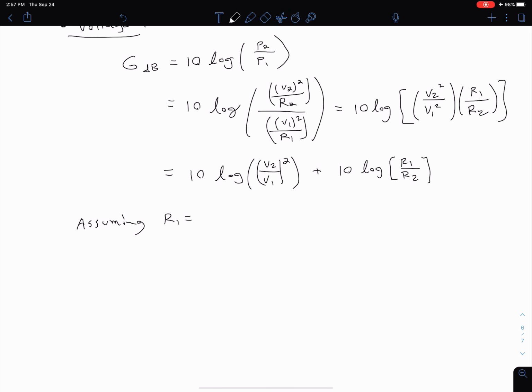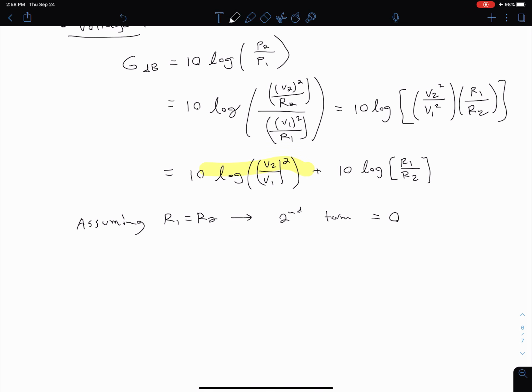Now if we assume that our resistances are equal, that second term is going to go away. So assuming R1 equals R2, our second term equals 0, so we get rid of that term, since we have log of 1, which is equal to 0. What we're left with then is this first part here.